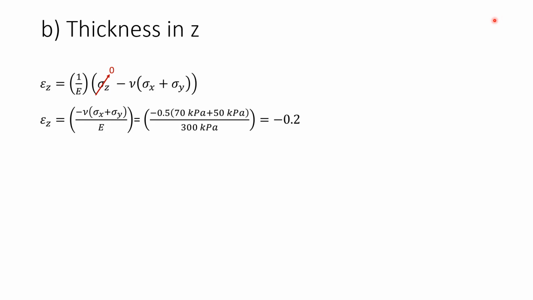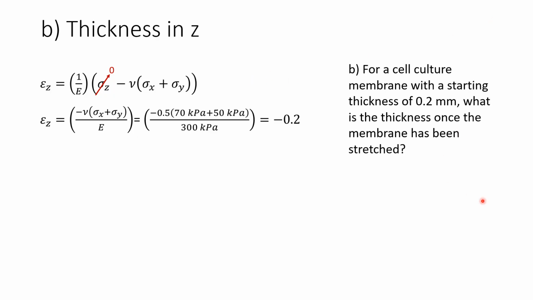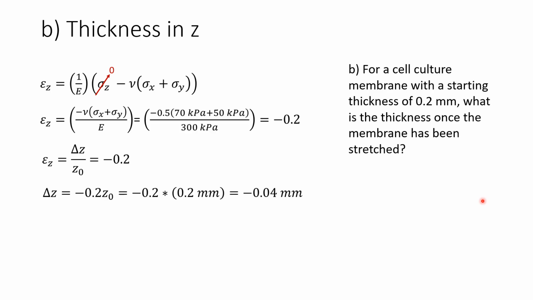We've calculated the strain, but if we look back at the question, we can see that it's actually not asking for strain, it's actually asking for thickness, which has units of millimeters or distance. We can use our general definition of engineering strain as being the change in length divided by the initial length to solve for the change in thickness as being negative 0.04 millimeters.